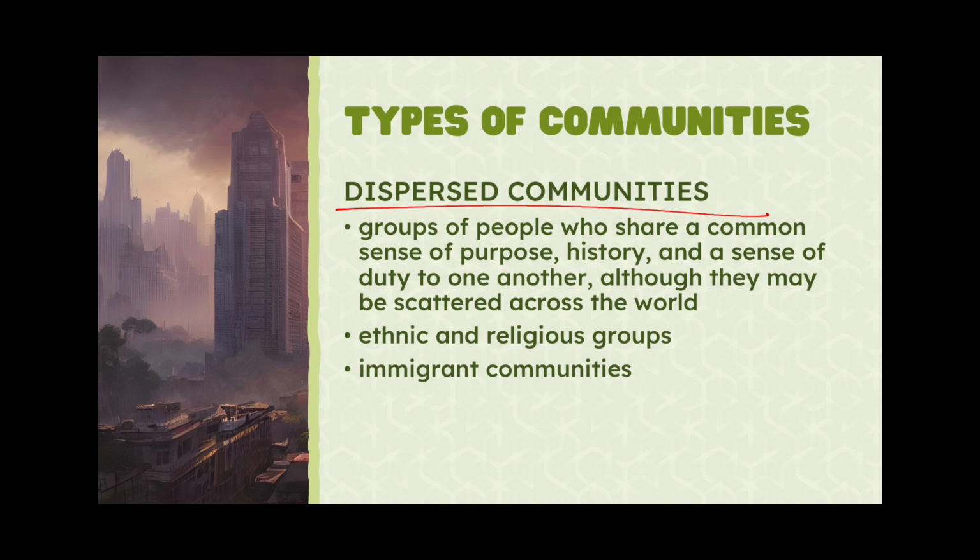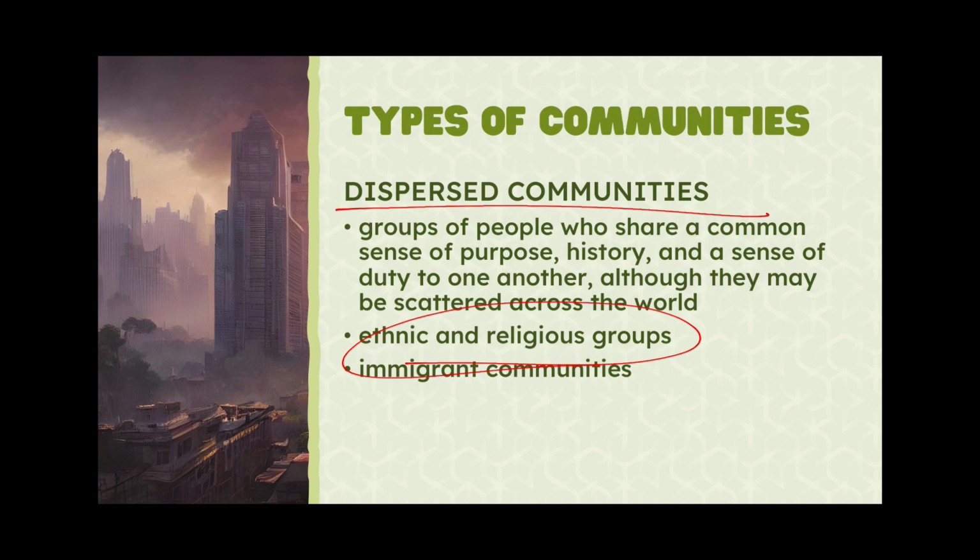And other examples of dispersed communities may be ethnic and religious groups. So maybe, for example, in the Philippines, you find Chinatown, but that's also an example of a partial geographic place. But you have Chinese Filipinos all over the Philippines. They have their struggles, they have their aspirations that are common because of their cultural background.